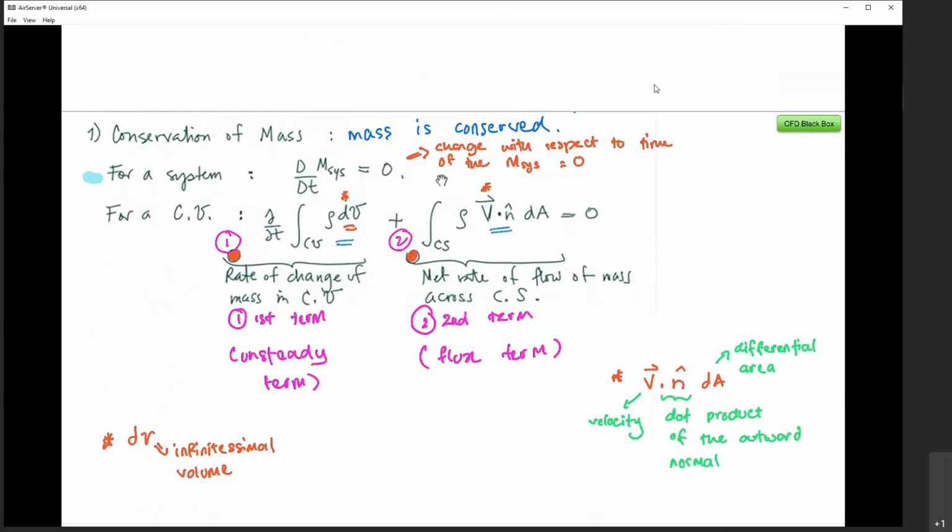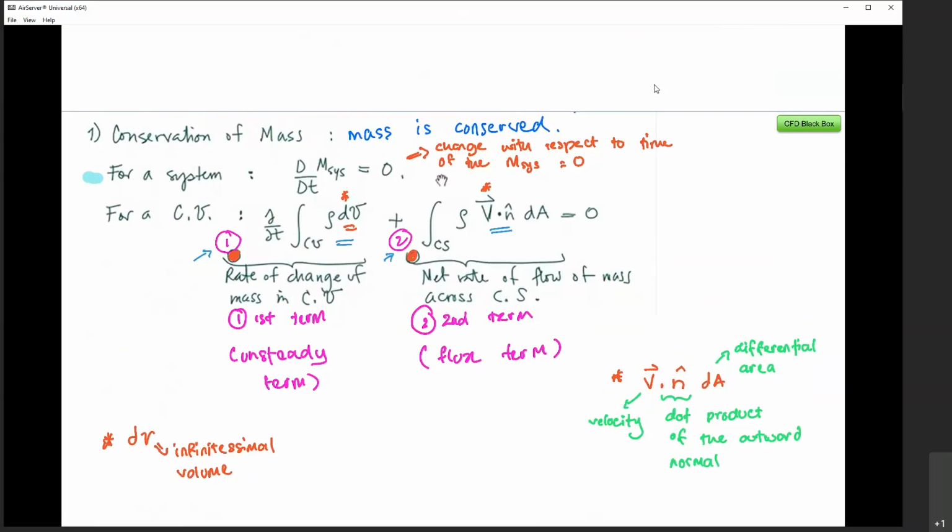For the control volume, the first term is the rate of change of the mass in the control volume over time, d over dt. The second term is the net rate of flow of mass across the control surface.